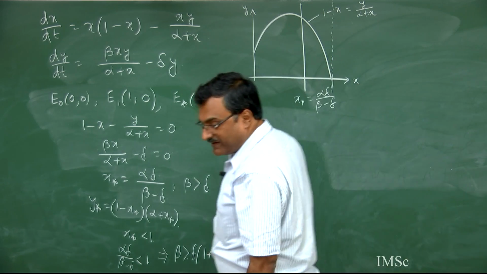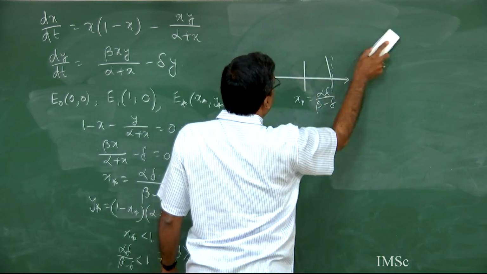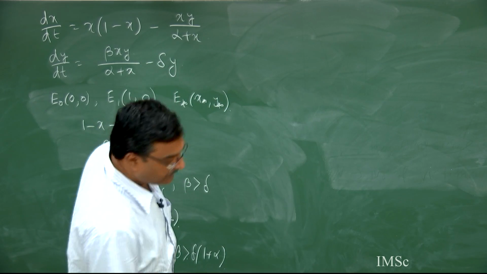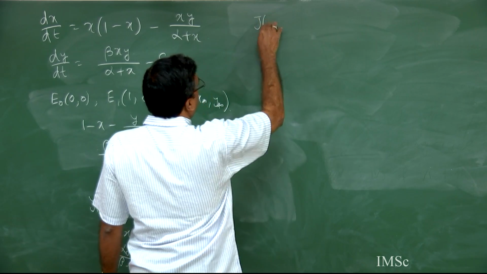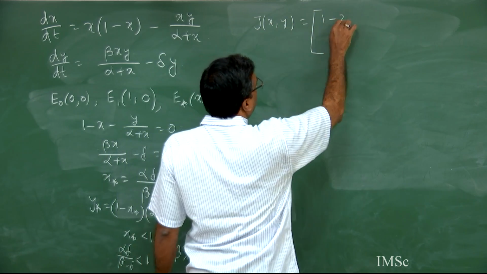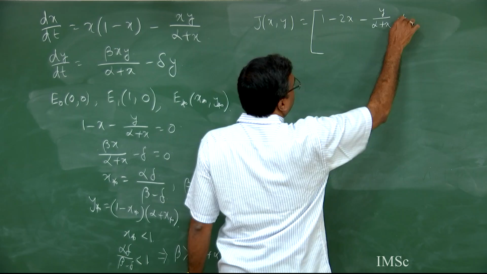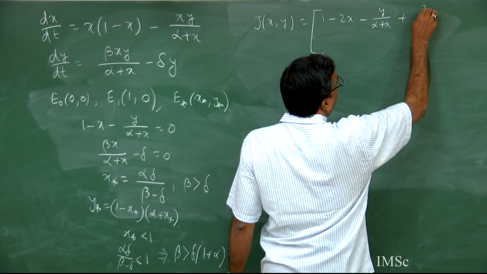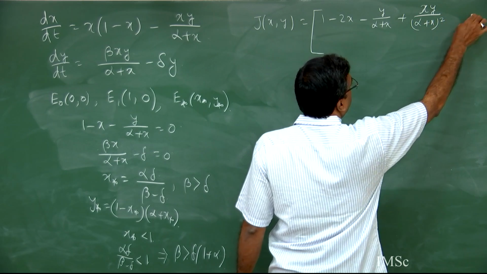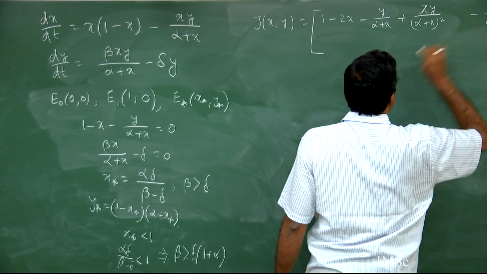So for stability, if you calculate the Jacobian matrix, J(x, y) is equal to 1 minus 2x minus y by alpha plus x, plus xy divided by (alpha plus x) whole square, minus x by alpha plus x.